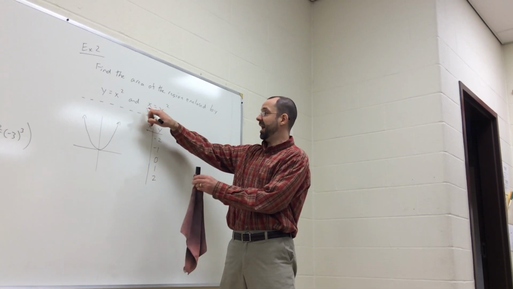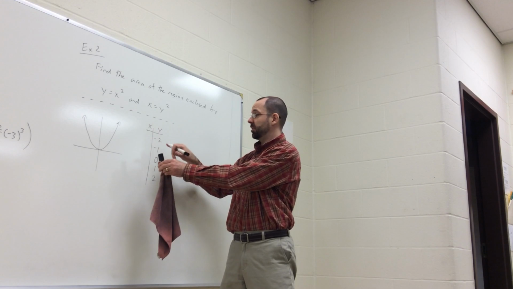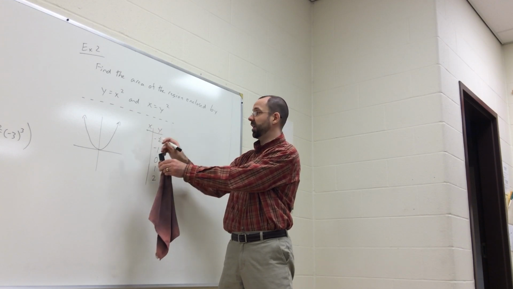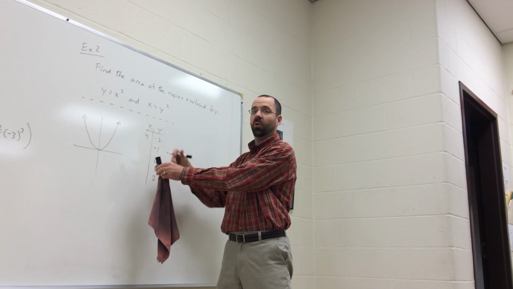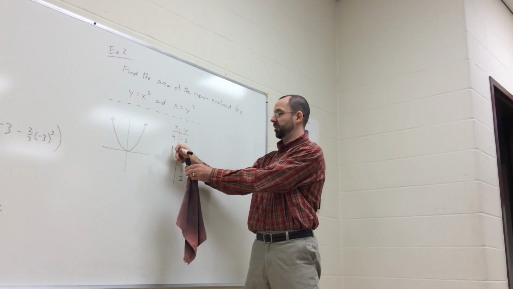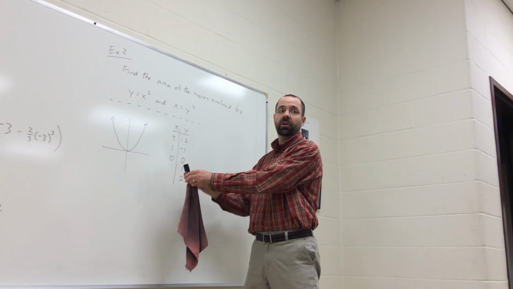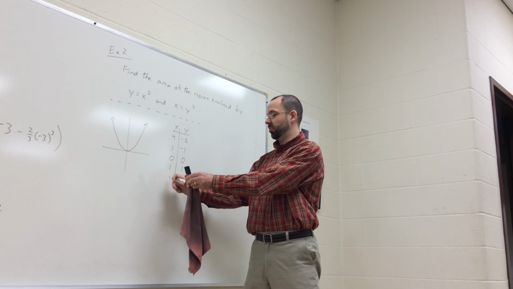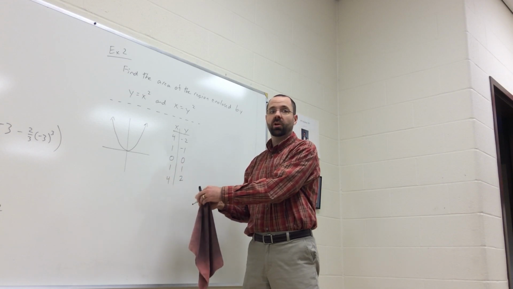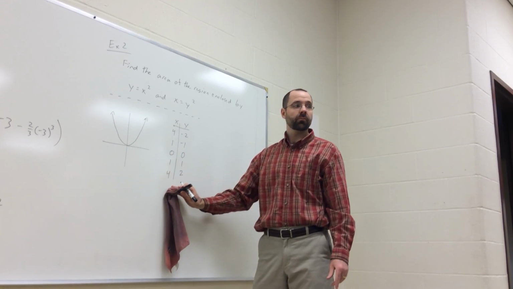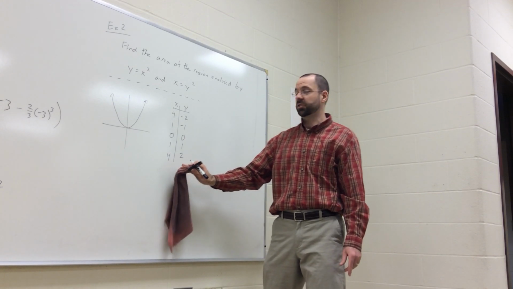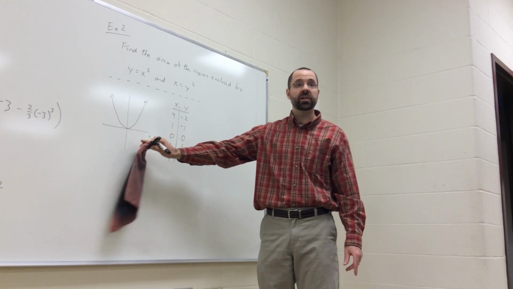So here the x equals the y squared. So if I take -2 squared, that'll give me the x. So that'll be 4. And then -1 squared is 1. 0 squared is 0. 1 squared is 1. 2 squared is 4. So now I can just take these and plot them over here.